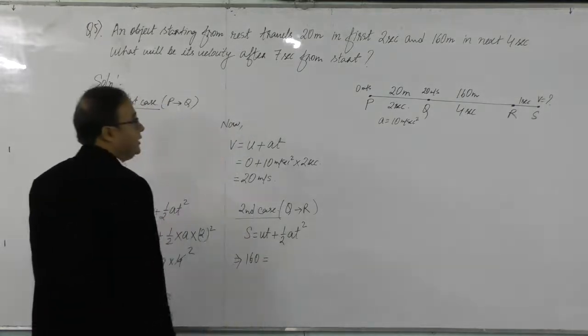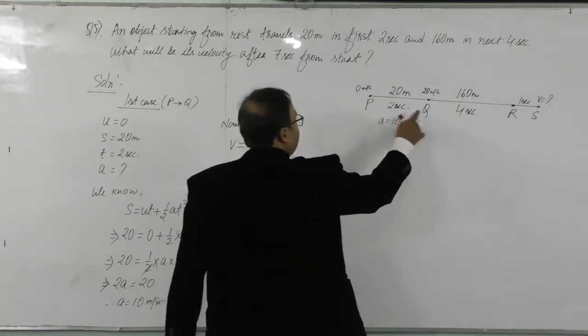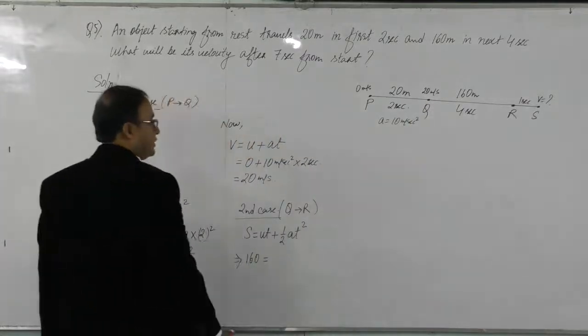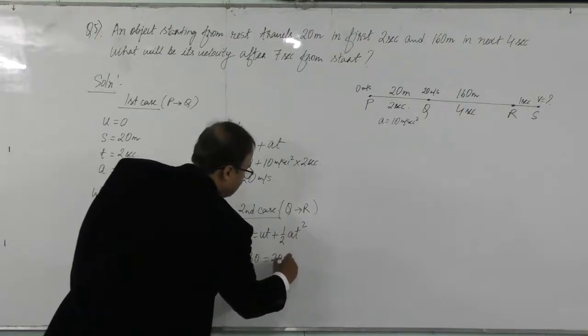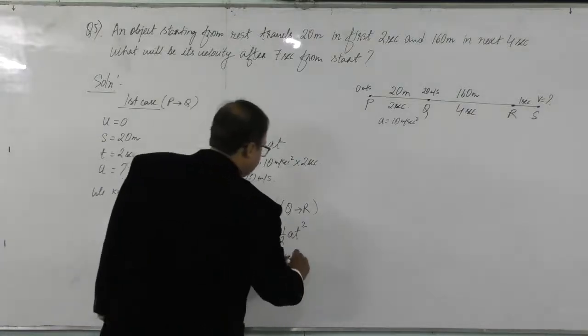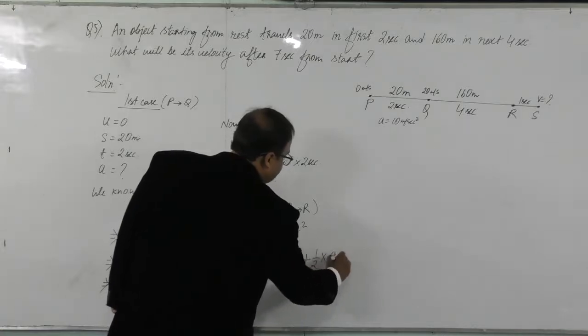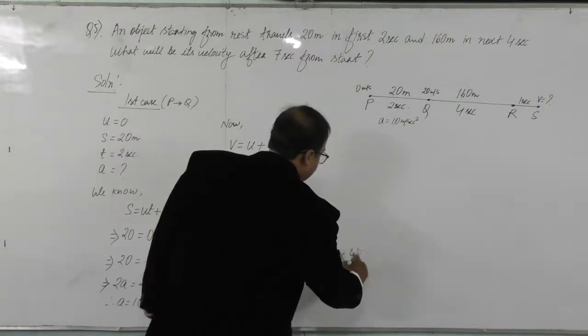U will be 20, because the final velocity from P to Q will be the initial velocity at Q for Q to R. Time taken is 4 seconds, plus half into acceleration into t square, that is 4 square.